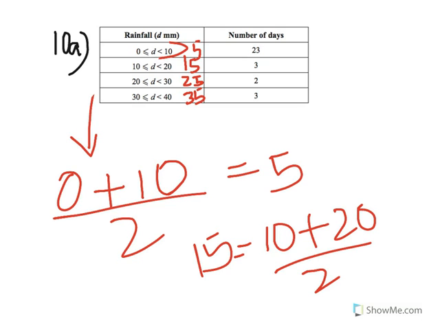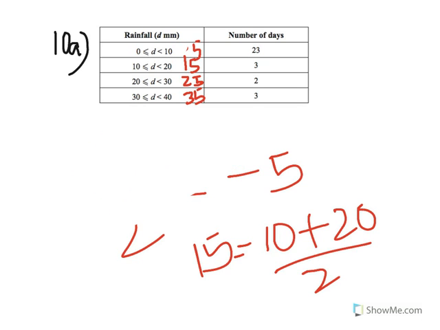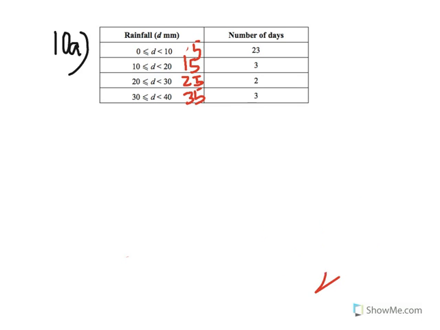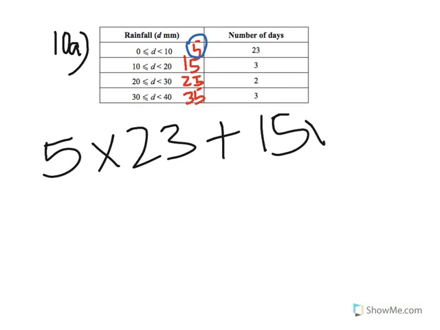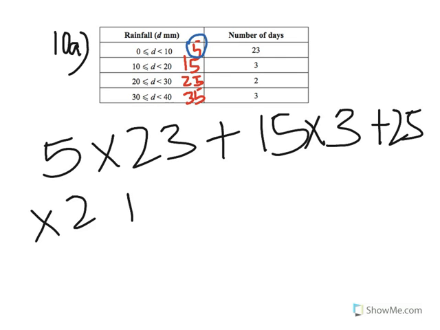So now you have an estimate of the average amount it rains on these days. All you got to do is take this estimate and multiply it by the number of days it occurs. So you do 5 times 23 plus 15 times 3 plus 25 times 2 plus 35 times 3.